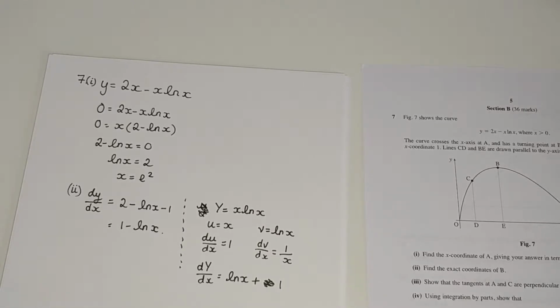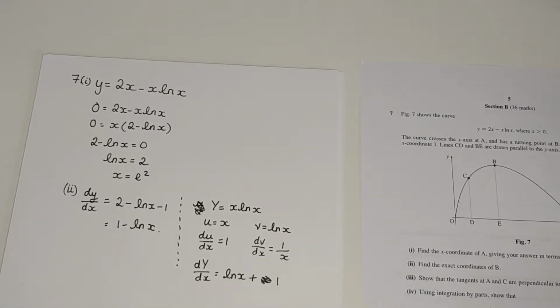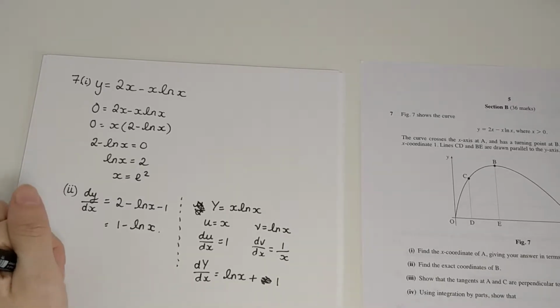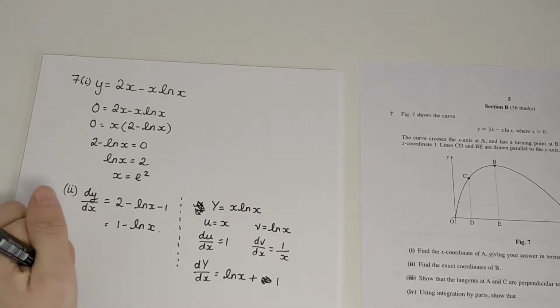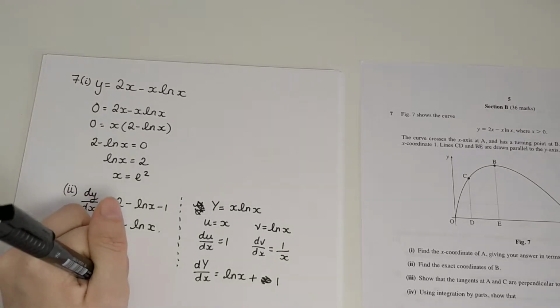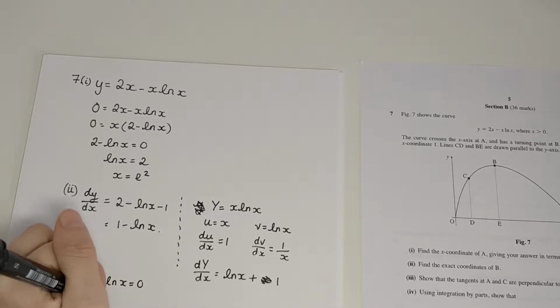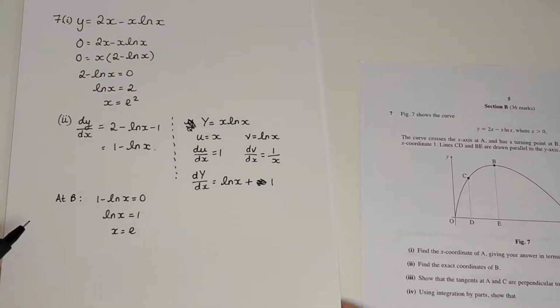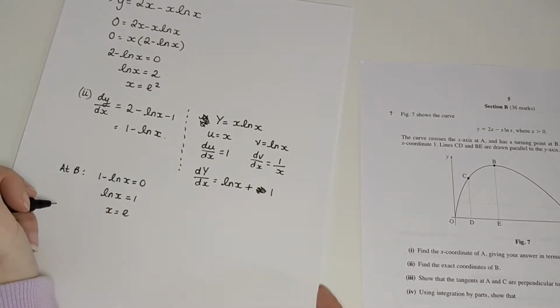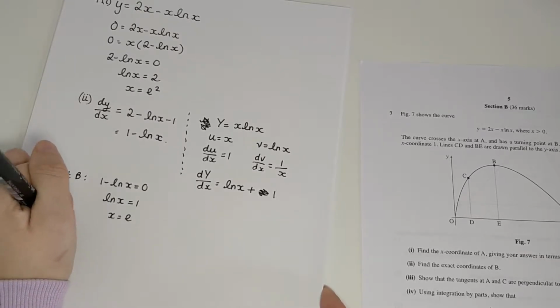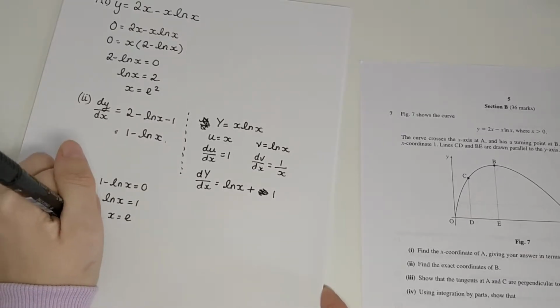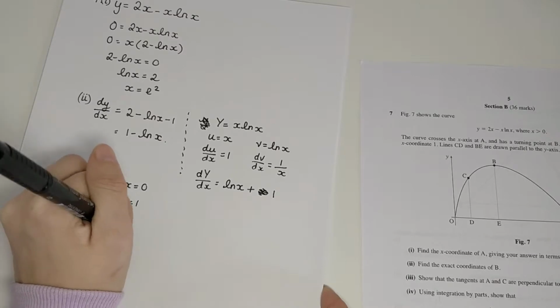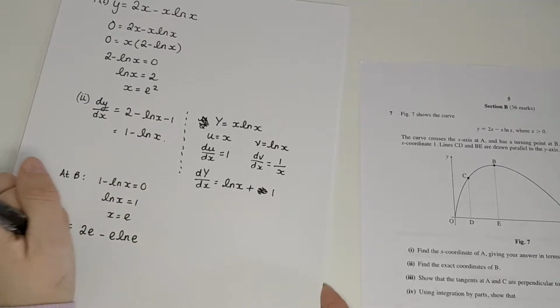I'm surprised this isn't like a show that question. I feel like they would give us the answer normally. Okay, but the turning point then, we need that to equal 0. So log x equals 1, so x equals e to the power of 1, or just e. So the coordinates, I need the y coordinate, 2e minus e log e.